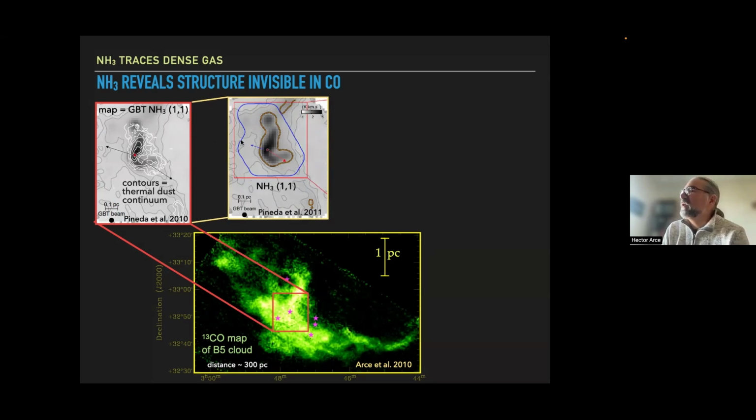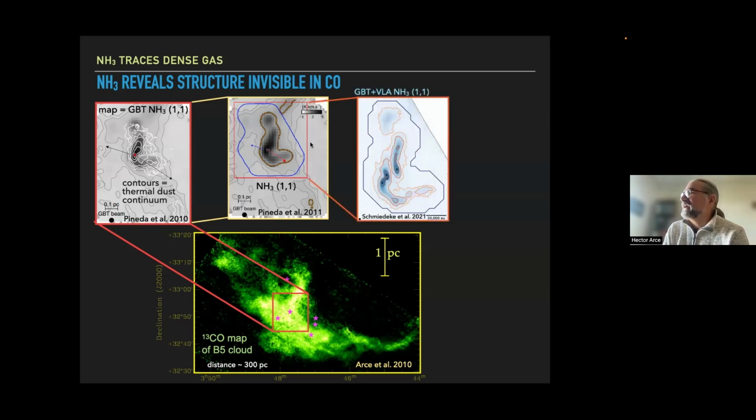But if you map this with the VLA, the Very Large Array, an interferometer, and combine the data with the GBT, you get a much nicer map that shows very clearly the filamentary structure of that region, which is not seen at all in the 13CO.